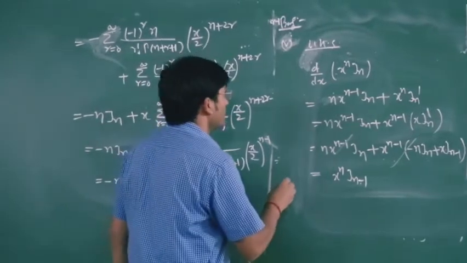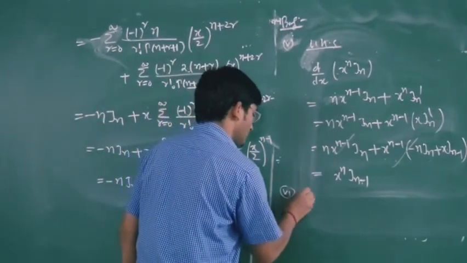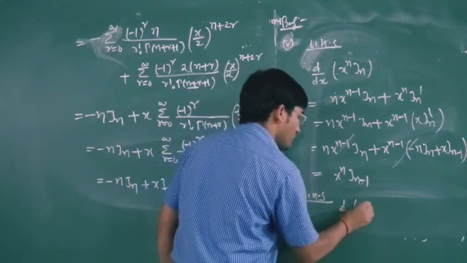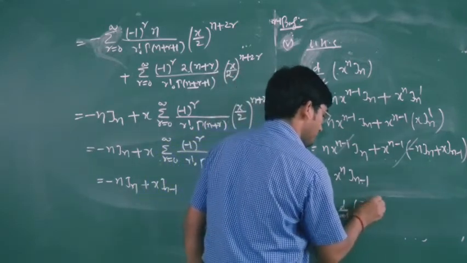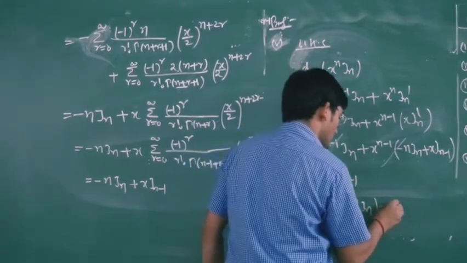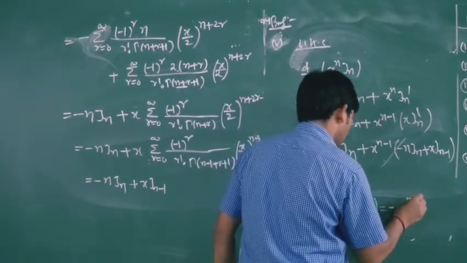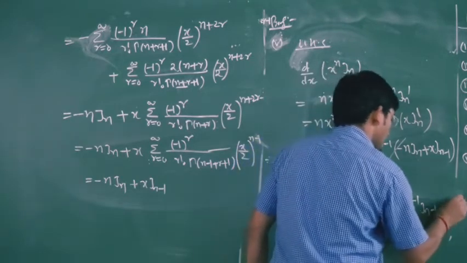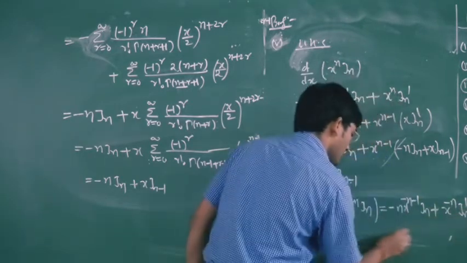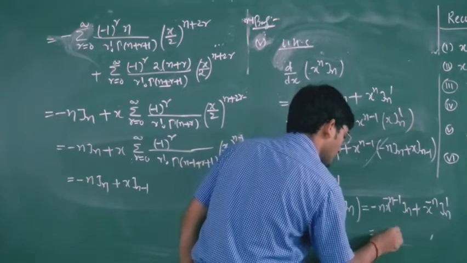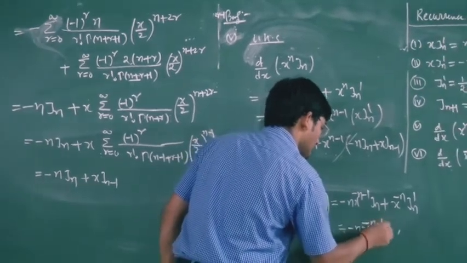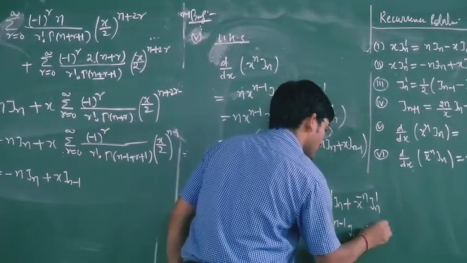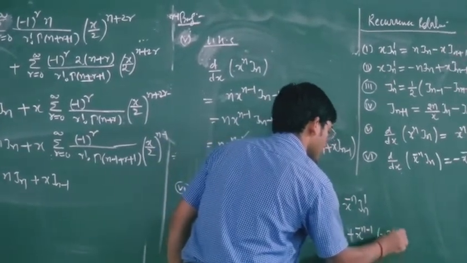Then the proof of the sixth part, let us take the left hand side. So we have d by dx of x power minus n into Jn. So this is equal to minus n x power minus n minus 1 into Jn. Then we will have x power minus n into Jn dash. Now again we can write it as minus n into x power minus n minus 1 Jn plus x power minus n minus 1 into x Jn dash.